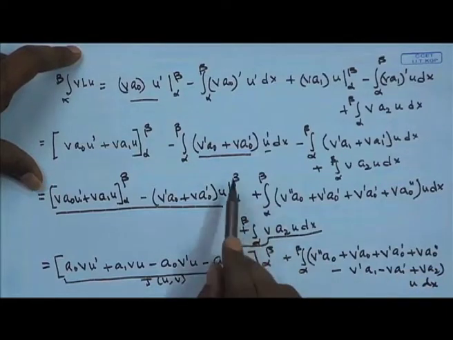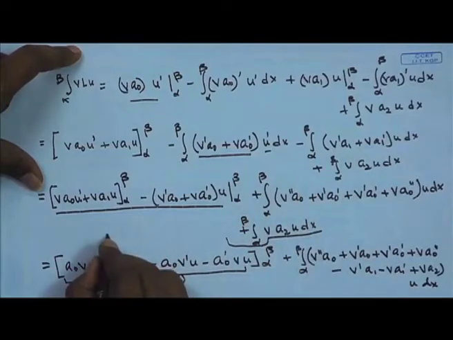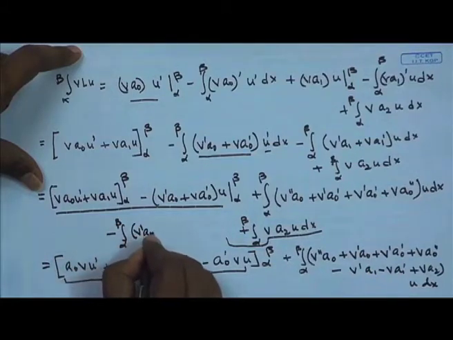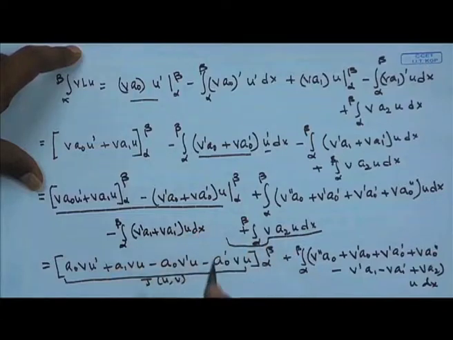In fact, this is the first term. In fact, we should write this term as well. So in the previous step, that is missing v prime a1 plus v a1 prime u dx plus this.